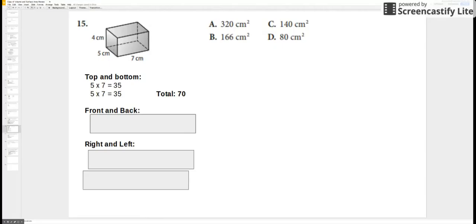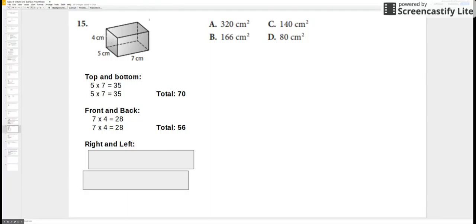Now let's do the front and back. Front, right here, and then the back. So the front dimensions are 7 by this line right here, which is the same as this line, so that would be 4. So 7 times 4 for the front, 7 times 4 for the back. 28 plus 28 gets you 56. Now let's look at the right and the left.